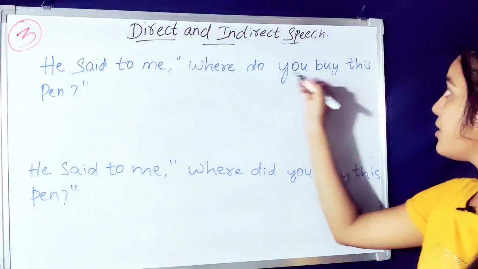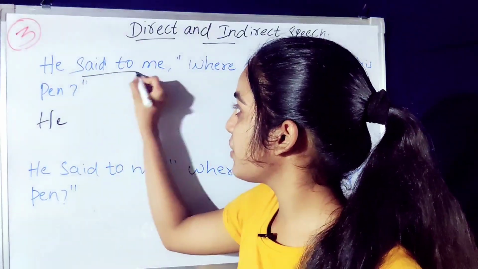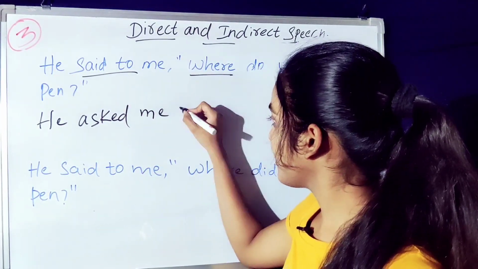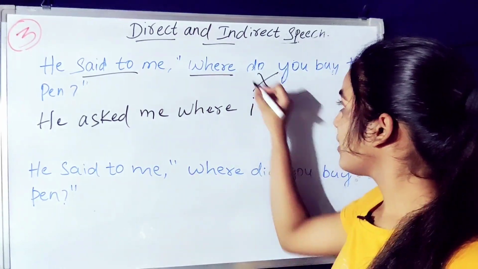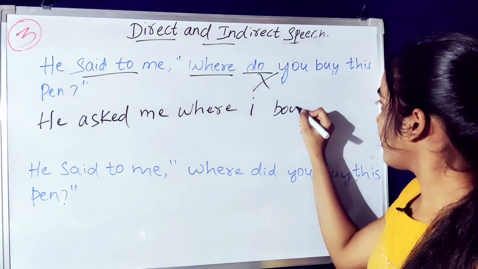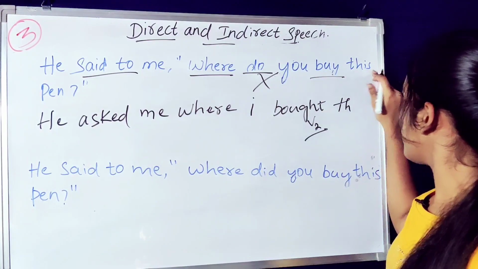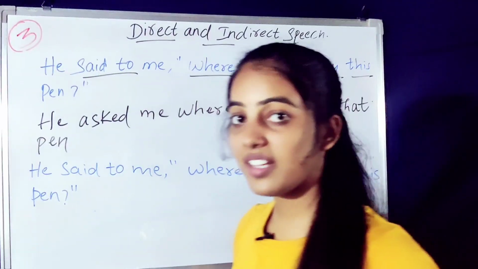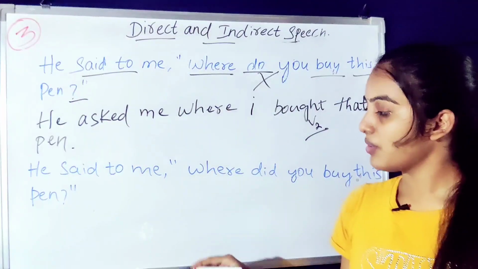Now go to the other example. He said to me, where do you buy this pen? Okay, tell me. Said to will be changed to asked me, where, cross-examine, I, do. Present tense will be changed to simple past, bought, V2 form. This will be changed to that pen. Here the question mark is replaced with a period. Now look at this.